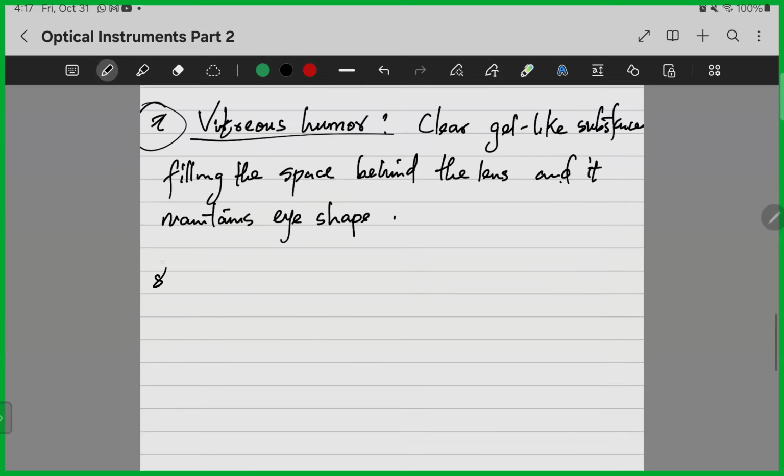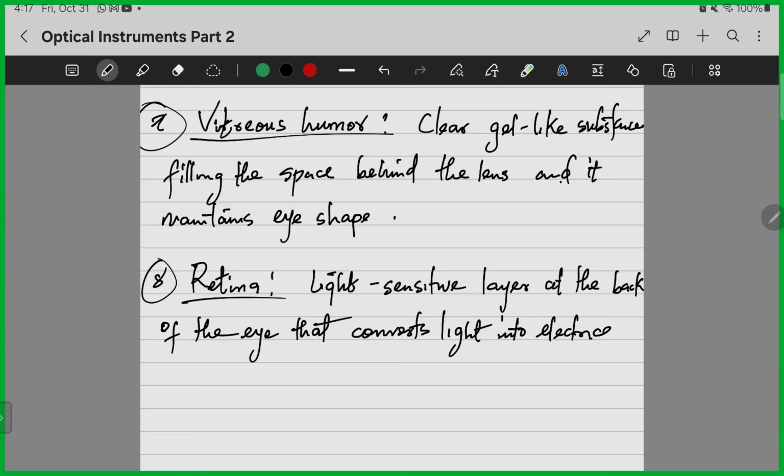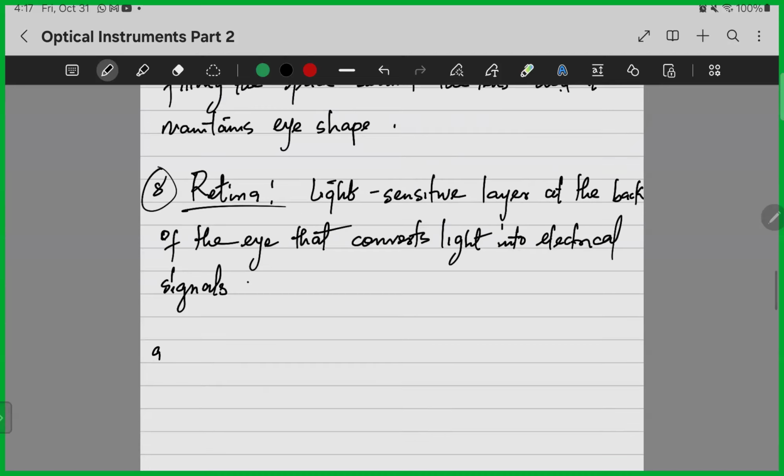Number 8, talking about the retina. The retina is the light-sensitive layer at the back of the eye that converts light into electrical signals. Keep that in mind.